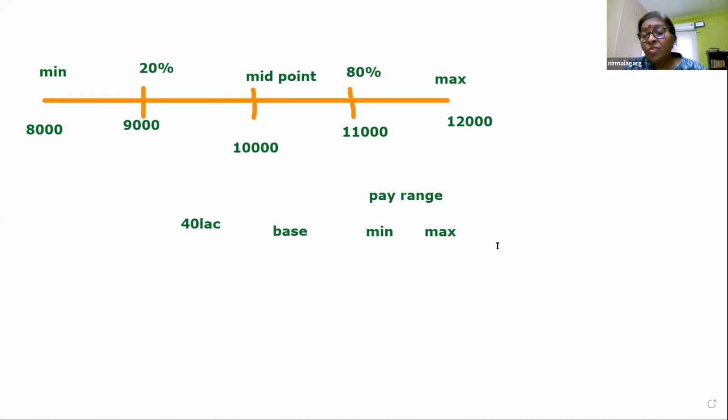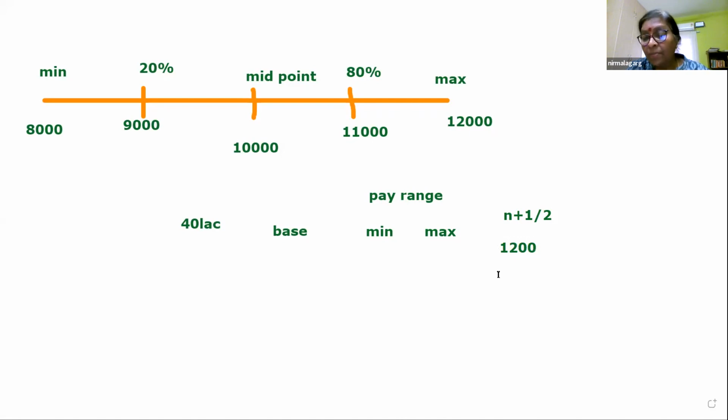Now, midpoint, what is the formula? There's a formula for it. N plus 1 divided by 2. What does it mean? Now, in this pay range from min to max, there may be a lot of people who are getting salary. Say, for example, 12,000.